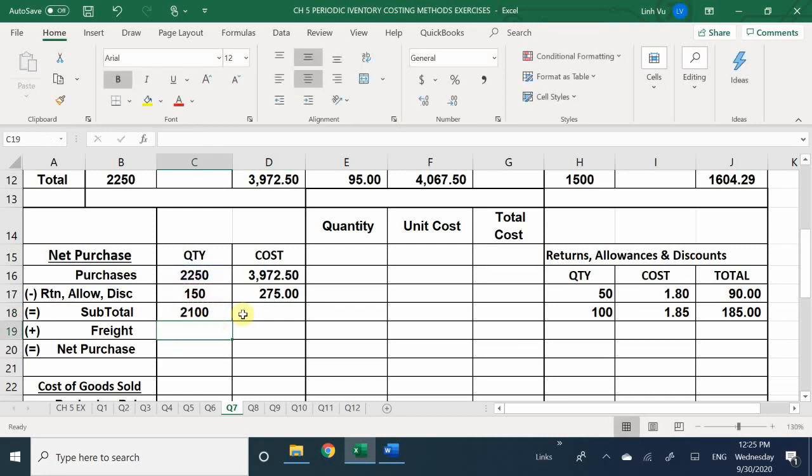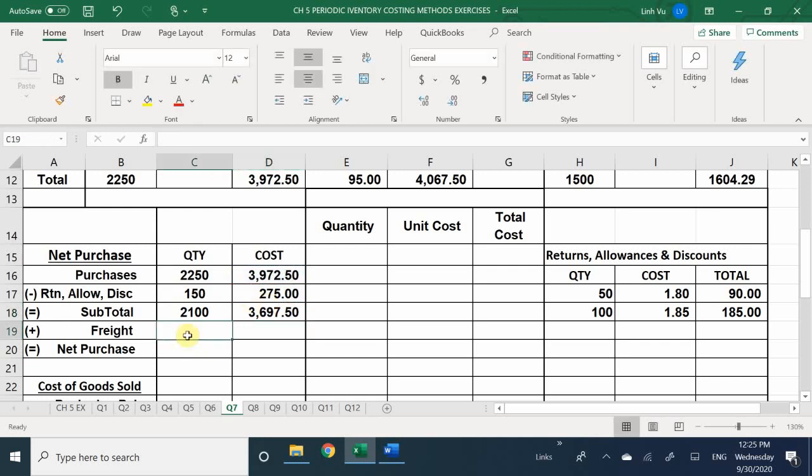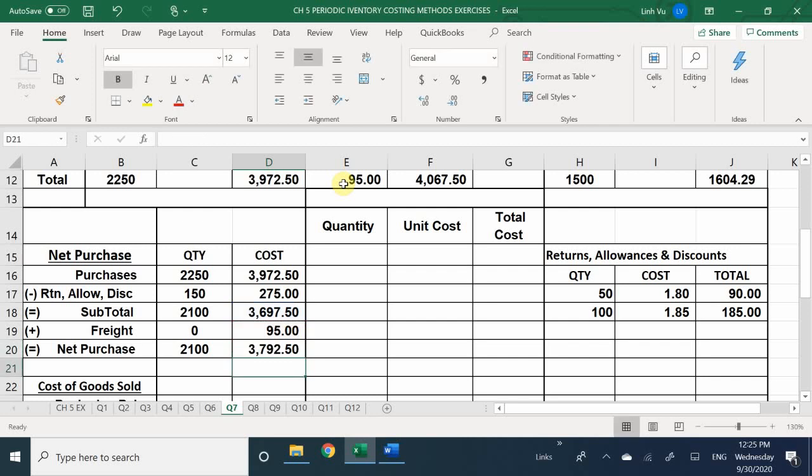So I should have a total of 2,100 left remaining in my inventory. Okay. Freight doesn't do anything except increase my total cost. Okay, so that is where I get my total cost here.